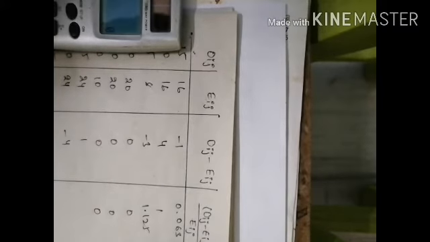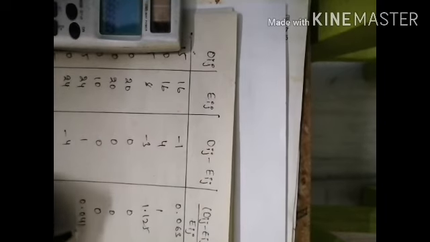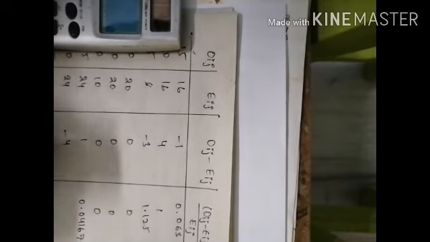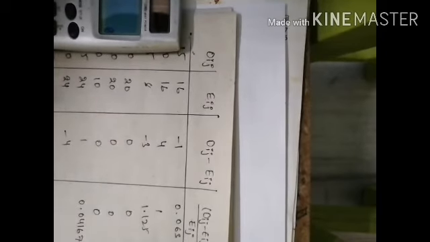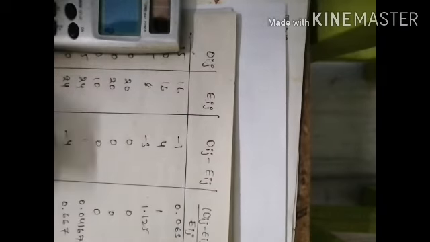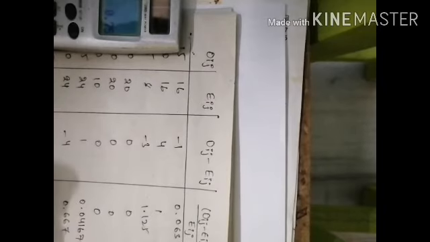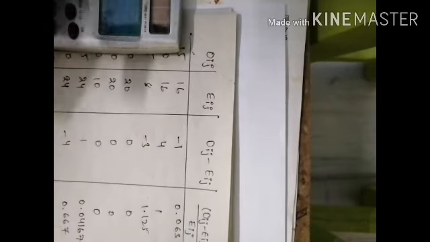1 by 24 is 0.0417. Next, 16 by 24 is 0.6667. Again 9 by 12 is 0.75.